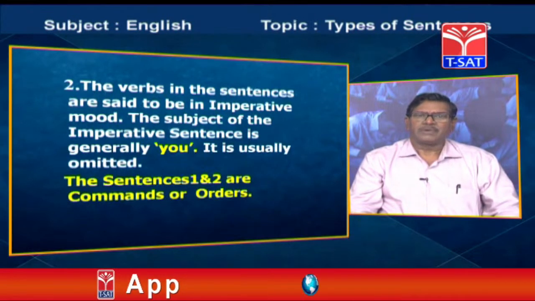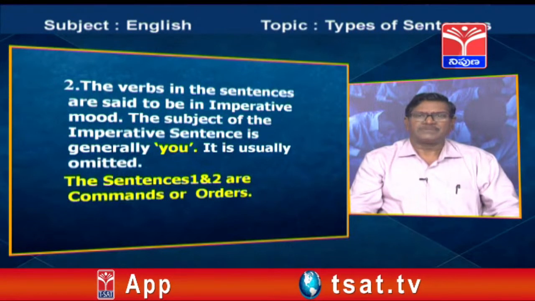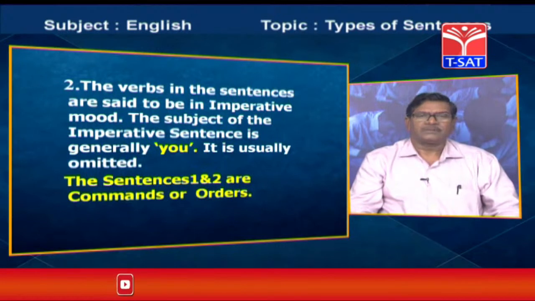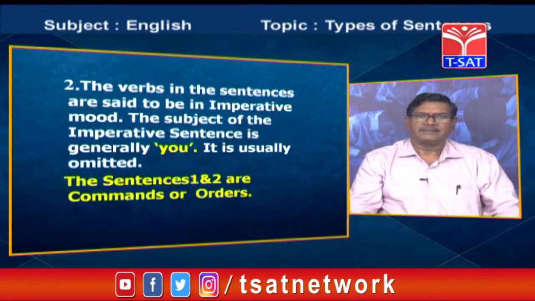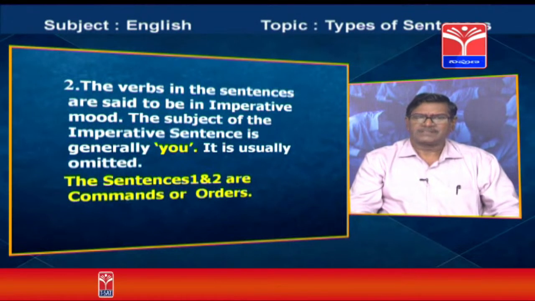And in all these imperative sentences, the subject is generally you. Shut the door. Who has to shut the door? You. That is implied. Even though you is the subject of the sentence, it is omitted.